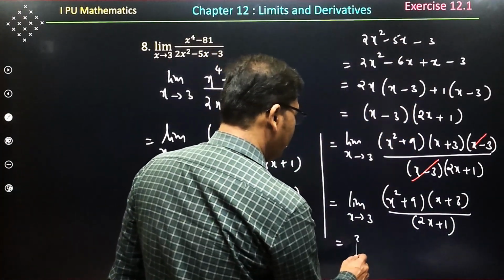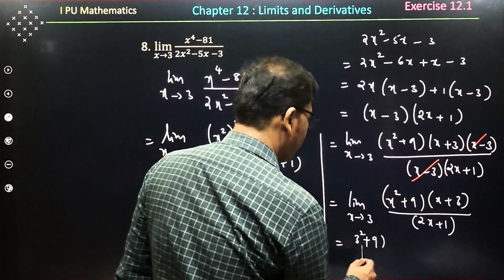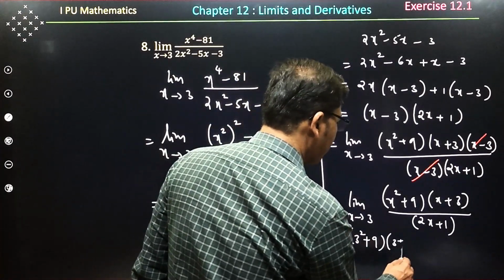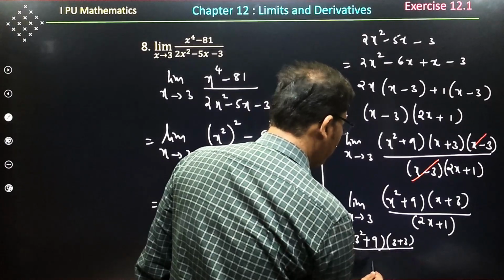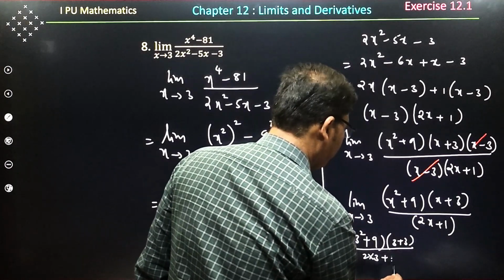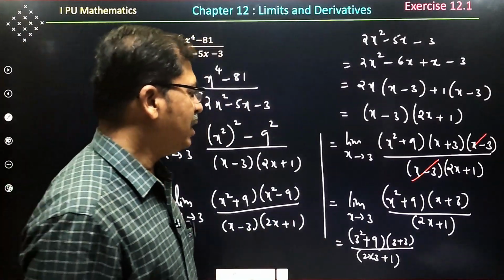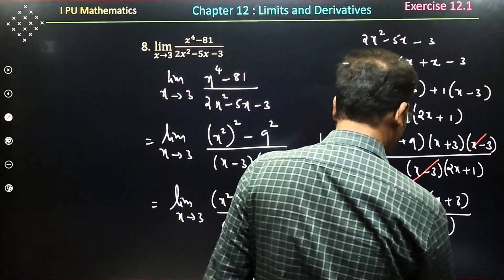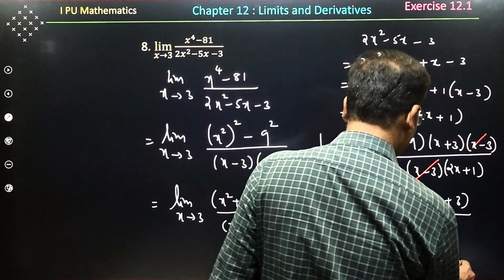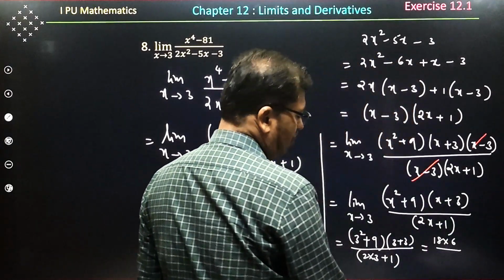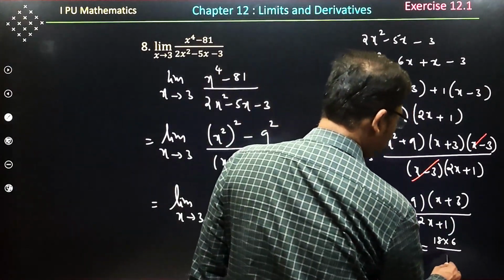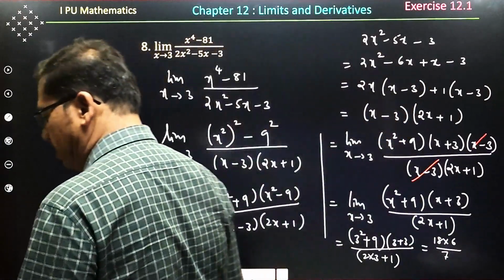It becomes 3 square plus 9, another bracket 3 plus 3, divided by 2 into 3 plus 1. Let us simplify. 3 square is 9, 9 plus 9 is 18. 18 into 6 divided by 2 into 3 is 6, 6 plus 1 is 7. So 54 by 7 according to me.